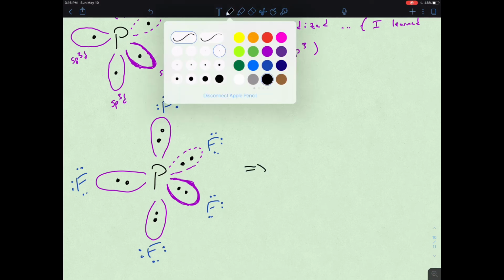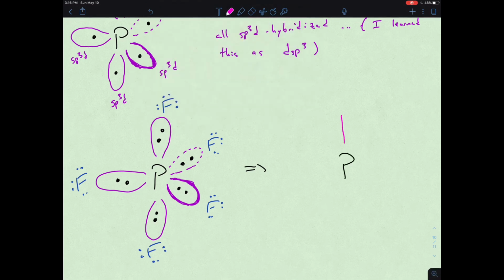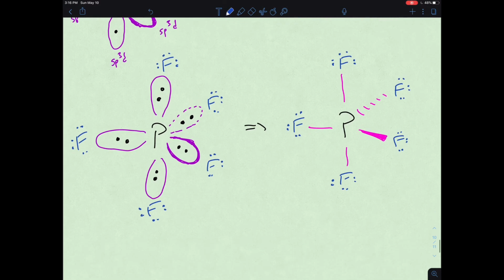So we end up with our phosphorus now having these 5 sigma bonds coming out from it to bond to the 5 fluorine atoms. And just like before, this still supports our electronic geometry.